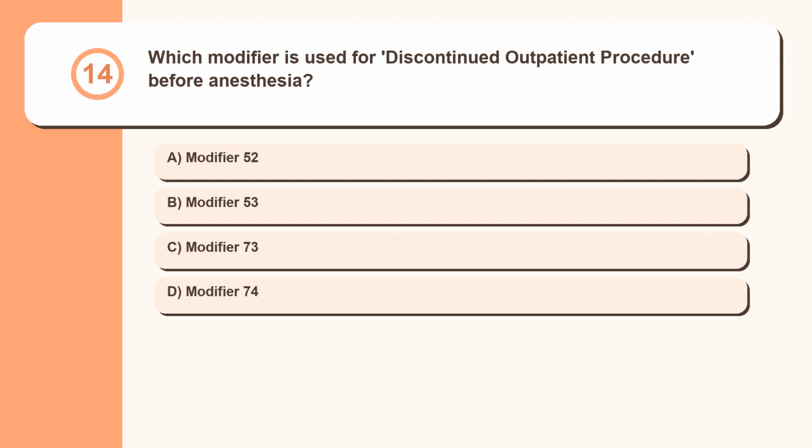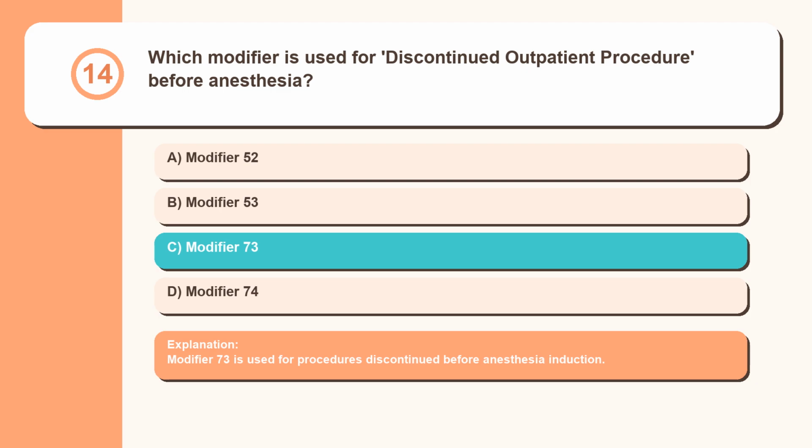Question 14. Which modifier is used for a discontinued outpatient procedure before anesthesia? Modifier 52, Modifier 53, Modifier 73, Modifier 74. Modifier 73 is used for procedures discontinued before anesthesia induction.